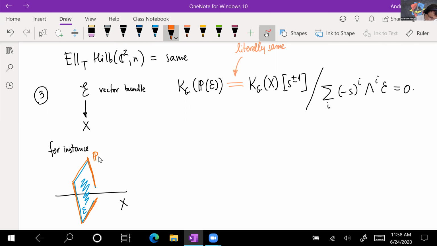So P of E. So this whole variety in total, the way I define it, is the projectivization of the trivial bundle over X, or maybe I'll write C, trivial bundle, plus this bundle E.